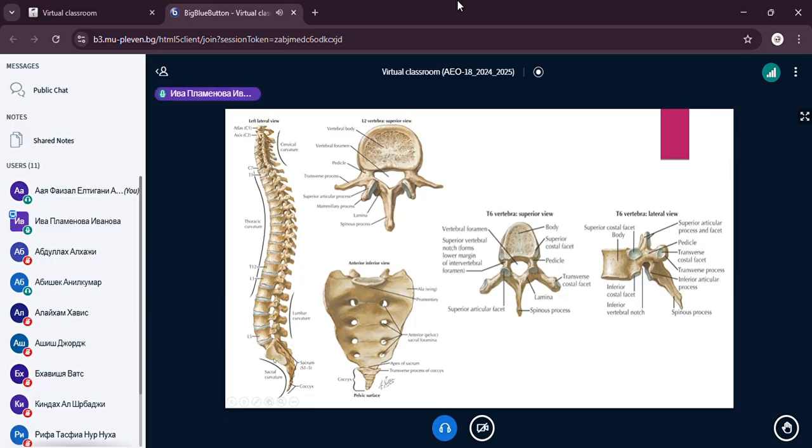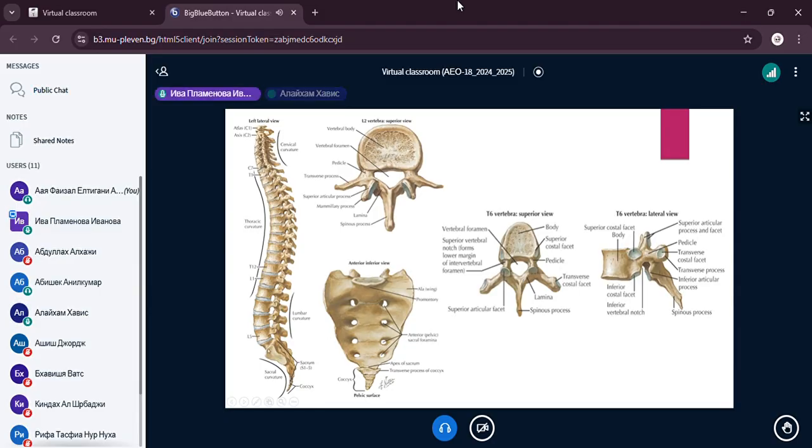What is this? What do you think? That's the sacrum, the lateral view. So that's an articular surface for the ilium. Where it meets the hips?